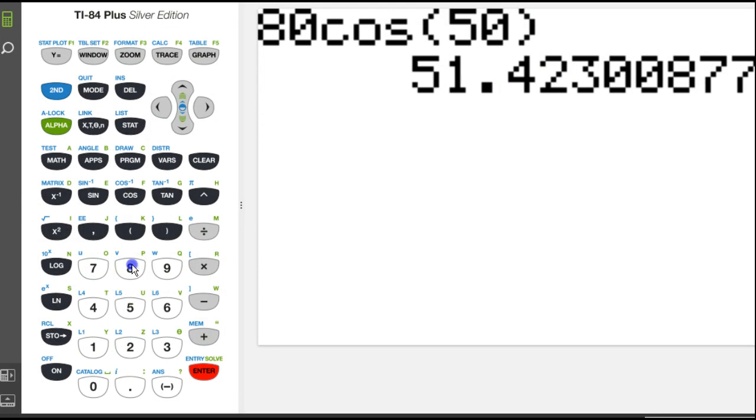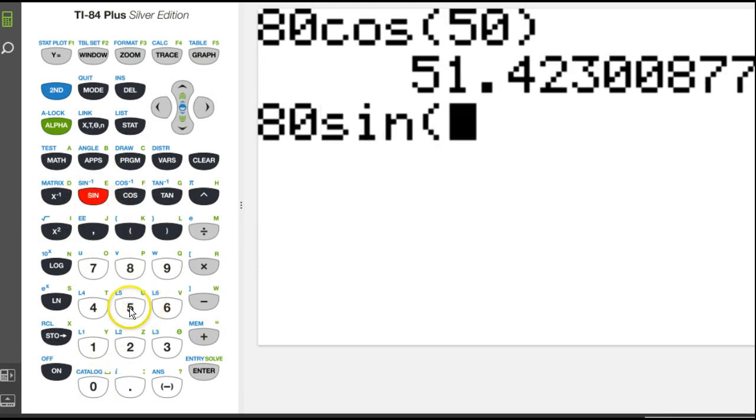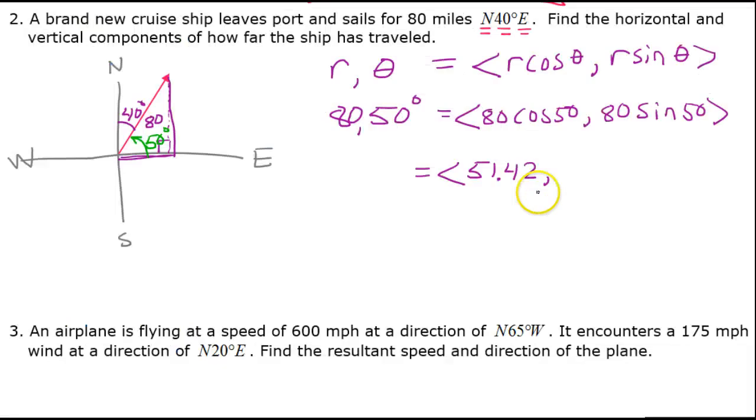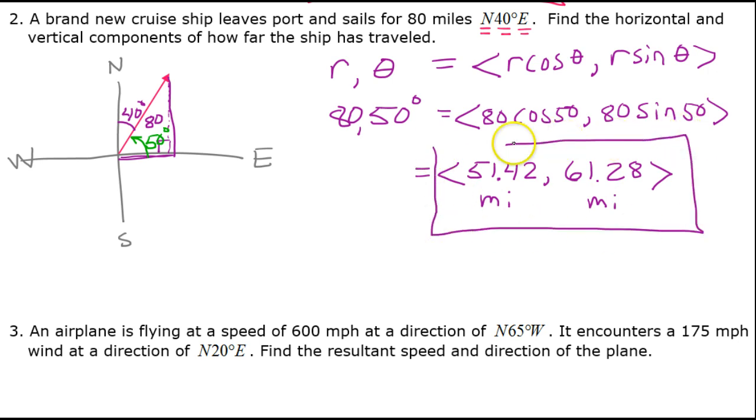Now 80 sine 50, that's 61.28. All right, and the units here are miles. So this is miles, and this is miles. And that's what they were asking us to find. All right, the horizontal and vertical components. So there you go.